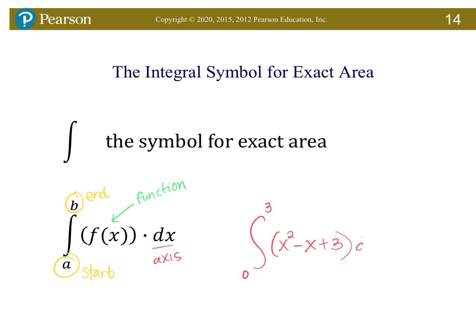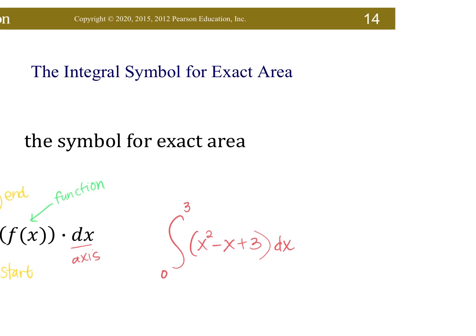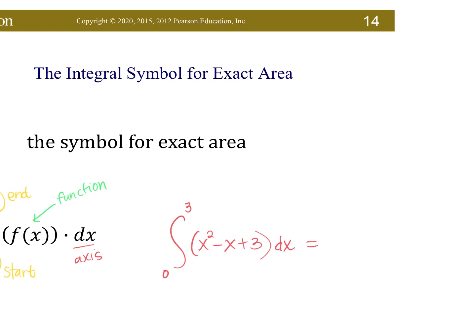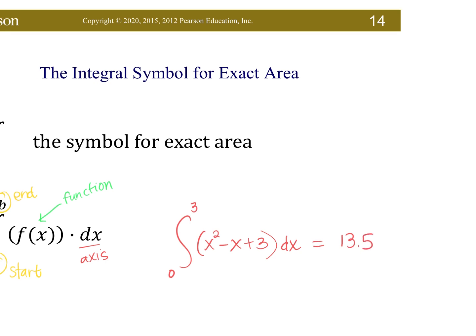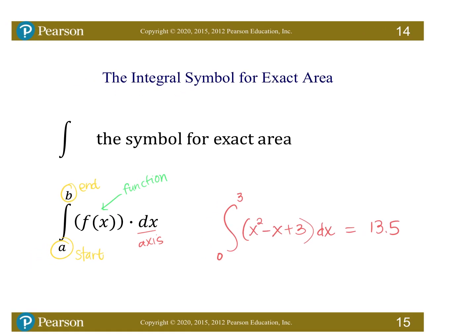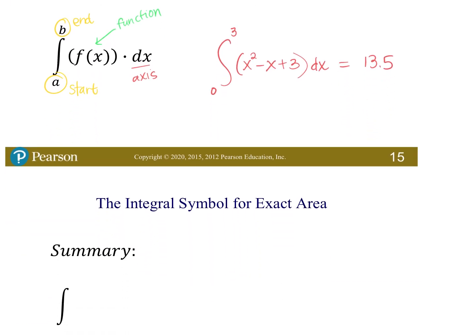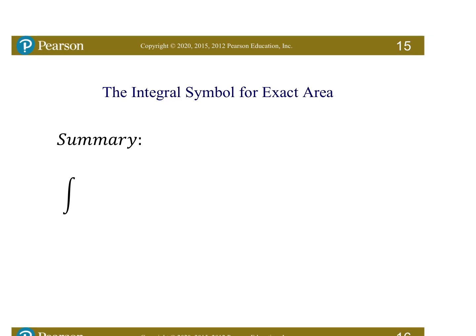And then we put dx because it was relative to the x-axis. So this says, what is the exact area from 0 to 3 of this equation with the x-axis as your boundary? And how would you best answer that question right now? Correct. The most exact is going to be that integral symbol.